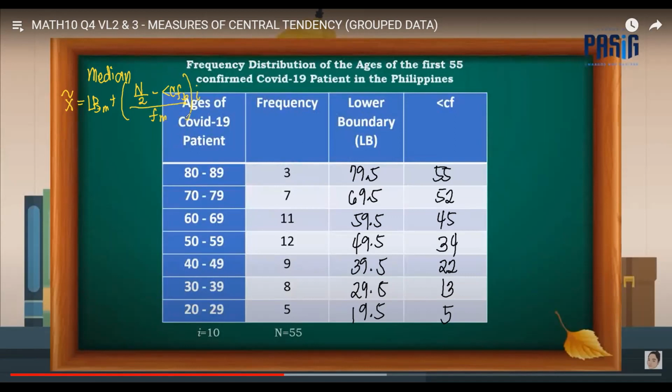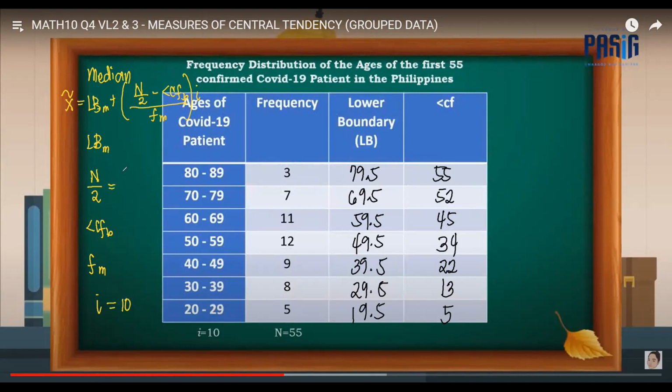So ano na yung mga values na kailangan natin? It's the lower boundary of the median class and n divided by 2, yung cumulative frequency below, the frequency of the median class, and which is alam natin that this is n.